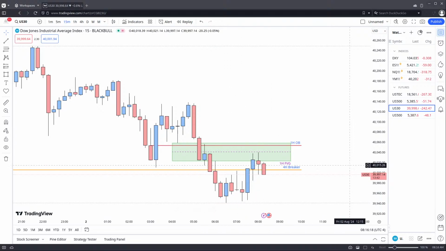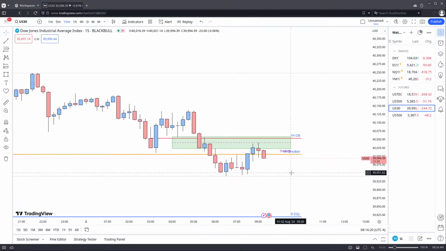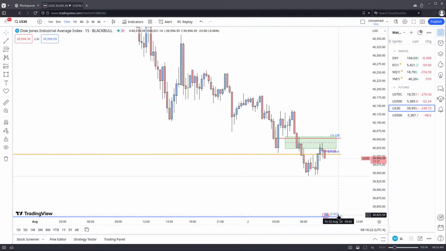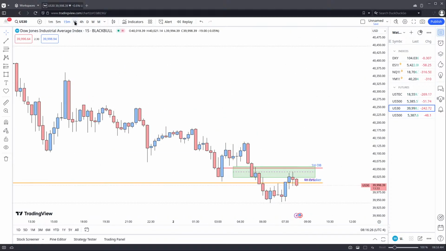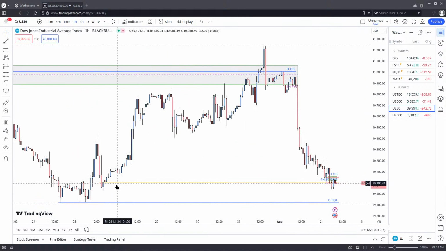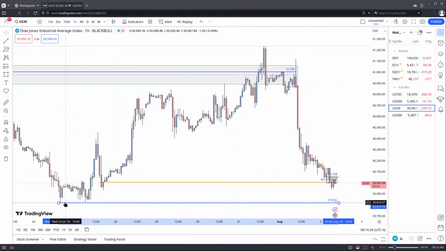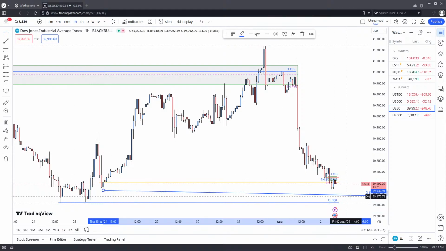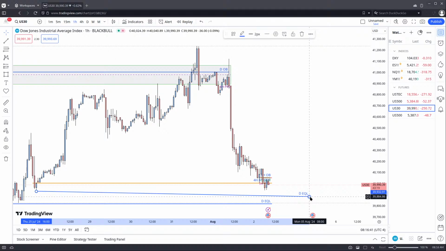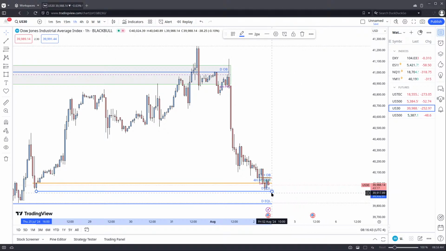Equal lows down here, visible on the screen, and then we have those daily equal lows below us there. I feel like those are quite the distance. We do have an equal low here, so let's take note of this. That would suffice.